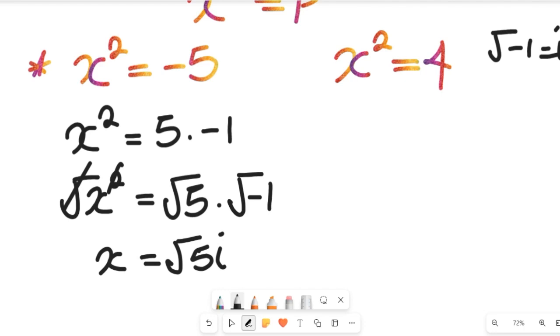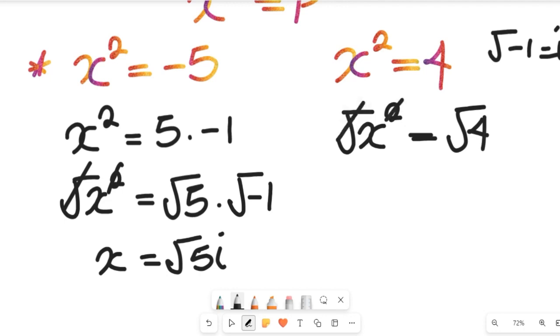Now on the other side, we take the square root of both sides. We have x equal to the square root of 4, and the square root of 4 is 2. So our x will be equal to 2.